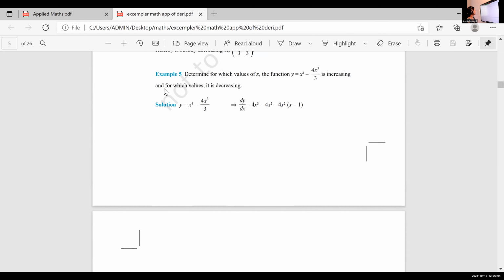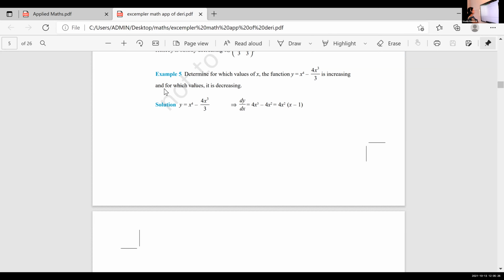Determine for which values of x the function y is equal to x raised to 4 minus 4x cubed by 3 is increasing, and for which values it is decreasing.